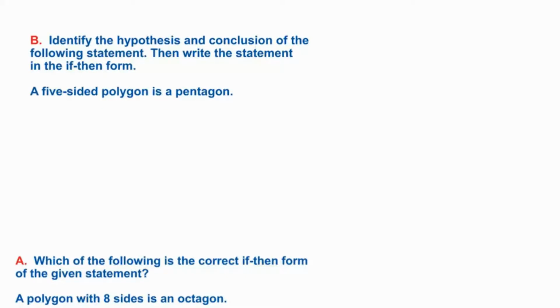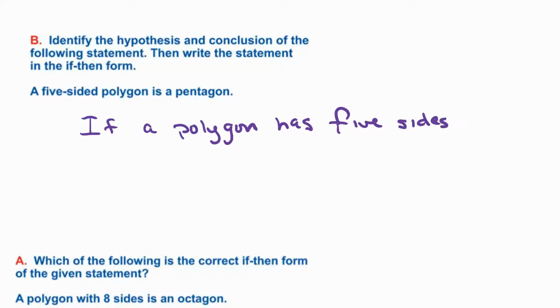A 5-sided polygon is a pentagon. So if a polygon has 5 sides, then it is a pentagon.